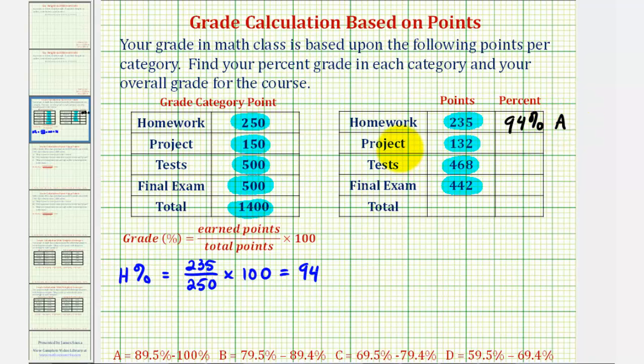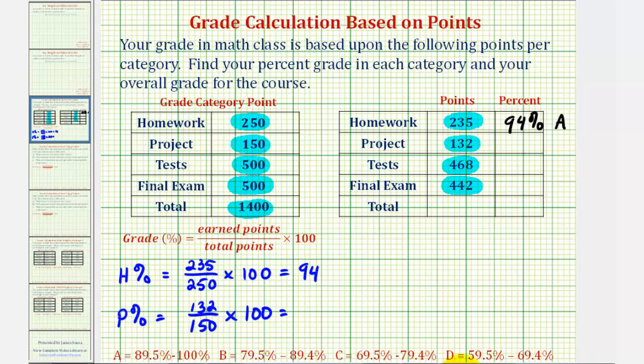And now we'll do the same for the project, tests, and final exam. So for the project percentage, the fraction would be 132 over 150. We want to find this fraction of 100, so we'll multiply by 100 to find the percent for this category.